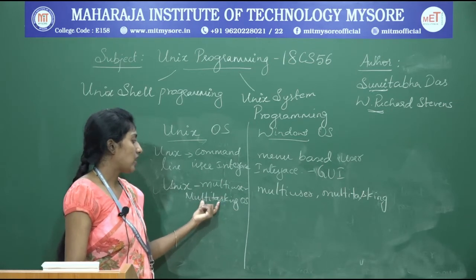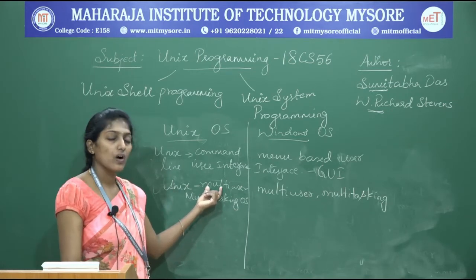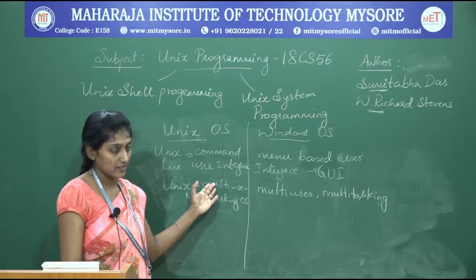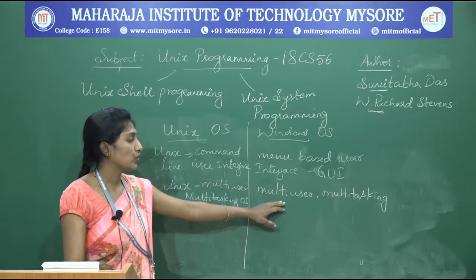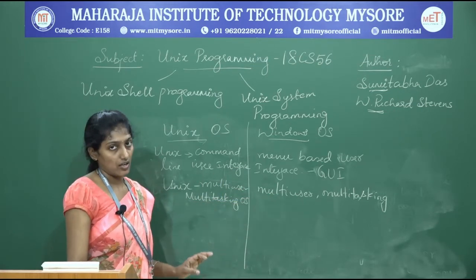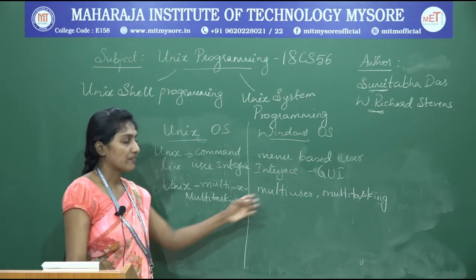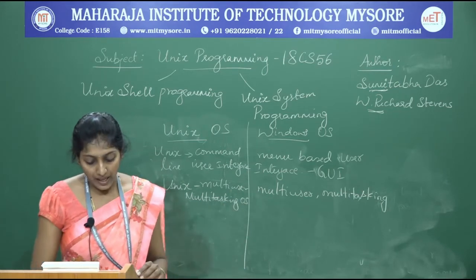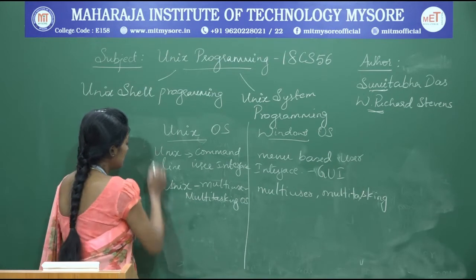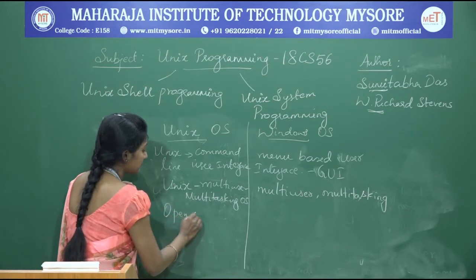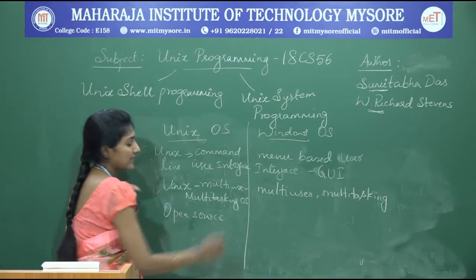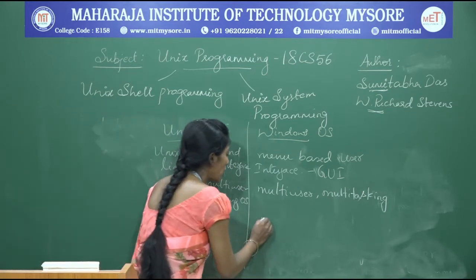Here, each and every operation is accessed through the shell itself, whereas in Windows, just by a click you can access any operation or program which has been stored in memory. And Unix is open source, but Windows is not.